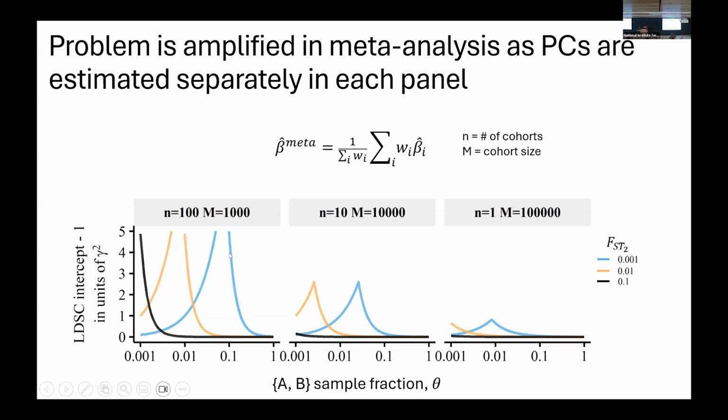You can see in this example on the left that if you have 100 cohorts of 1,000 each, and for simplicity we assume they are all identical in their demographic model and other details, then the problem really blows up in terms of the magnitude of the bias we expect in the effect sizes.